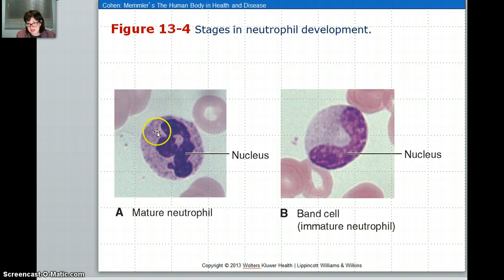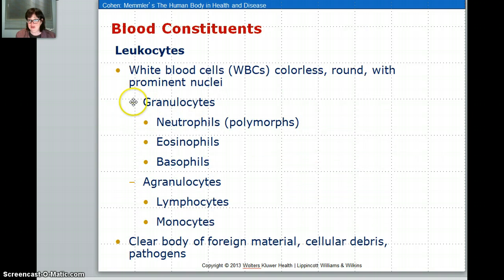See how these have little grains in them? These are granulocytes. Granulocytes are basically just grains, and they separate the types of white blood cells. You have agranulocytes and granulocytes. Their main job is to clean the body of foreign debris, cellular debris, and to fight pathogens.